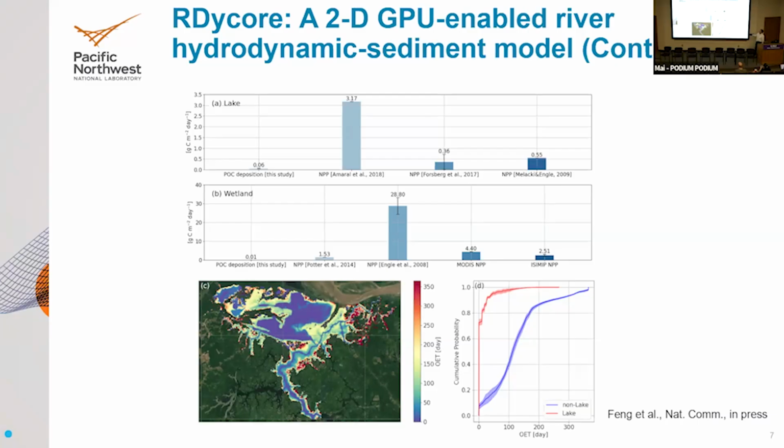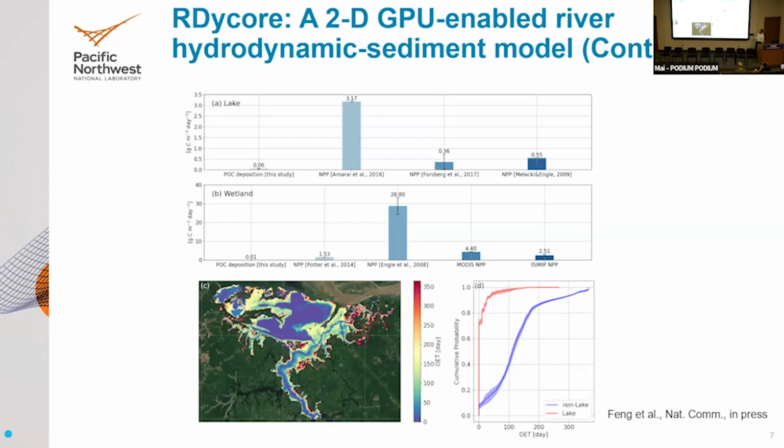For the non-lake area, this deposition of organic carbon from the suspended sediment is even lower. This is 2 orders of magnitude lower than the primary production. So I think that for the Amazon floodplain, sediment organic carbon deposition from suspended sediment plays just a very minor role in fueling CO2 and methane emission in the region.